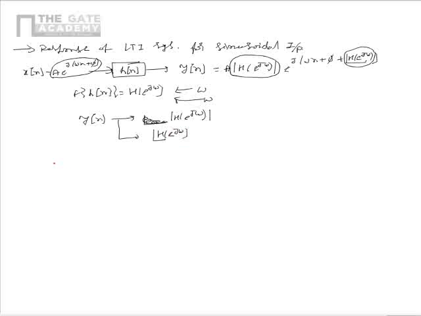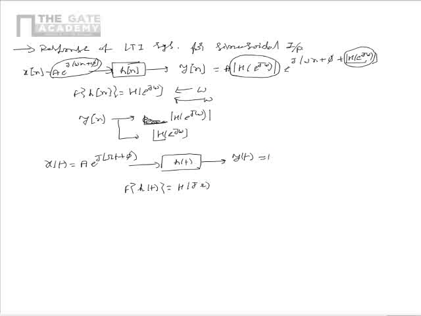Now let us similarly consider a continuous time system. x of t is equal to A into e power j omega t plus phi, which is given as an input to the LTI system of impulse response h of t. If y of t is the output of the LTI system, the output y of t can be obtained from the Fourier transform of h of t, which is equal to H of j omega.